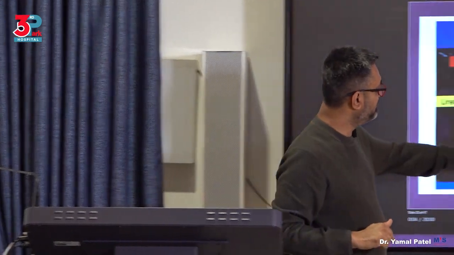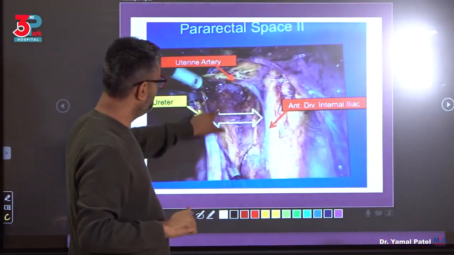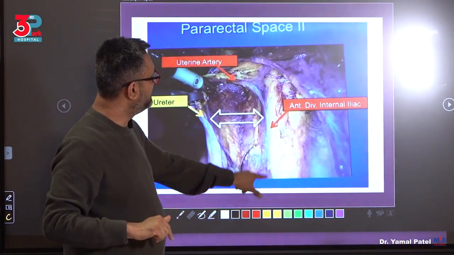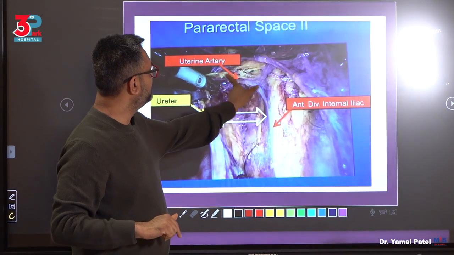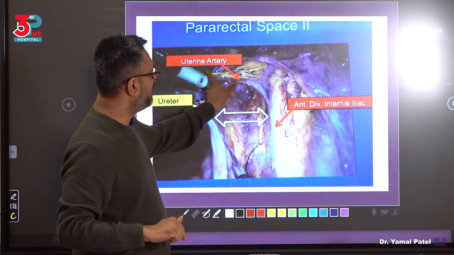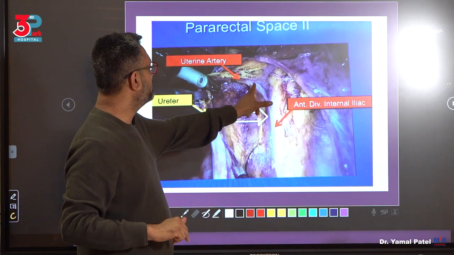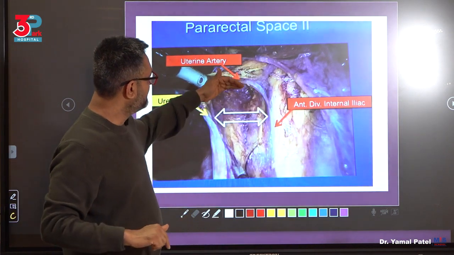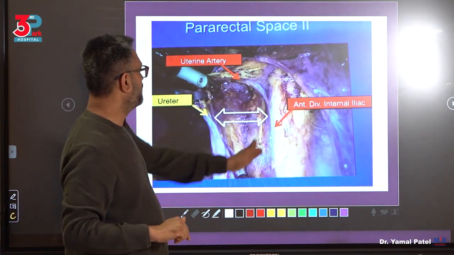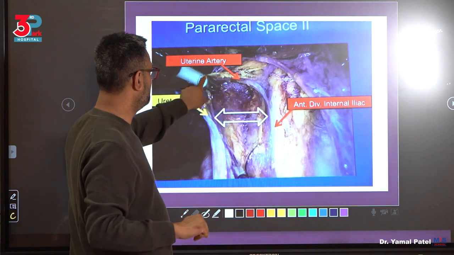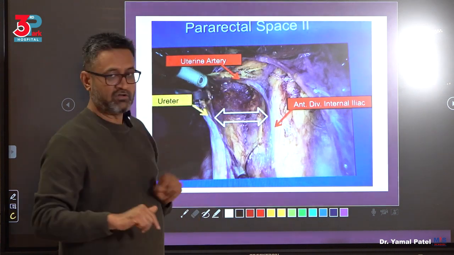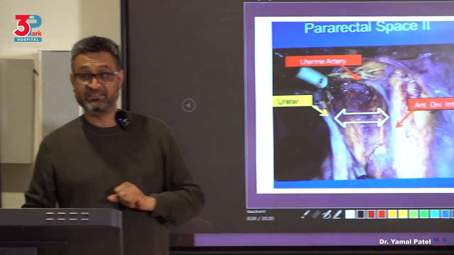So we are talking about the spaces. This space here now is called the pararectal, and we have the internal iliac where it branches. The uterine artery branches off from the internal iliac, and it's the only structure that crosses this space called pararectal. And when it crosses this, in front of this is called the paravesical space.